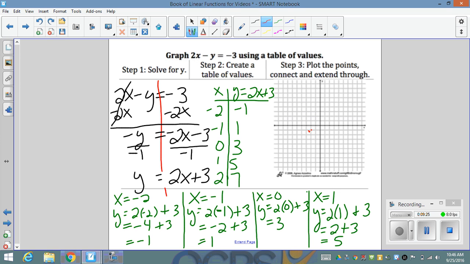Then negative 1 comma 1. Zero comma 3. 1 comma 5. 2 comma 7. Notice the straight line that forms.